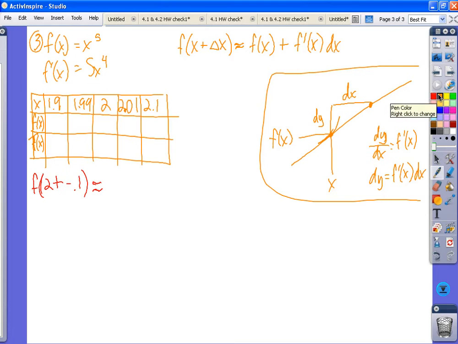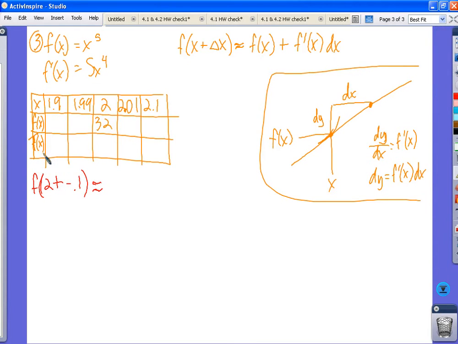It's 32, because 2 to the 5th is 32. And what's the value of the tangent line at 2? Also 32. This curve looks probably something like this, and the tangent line at 2 is touching the function, so their y values are exactly the same at 2.